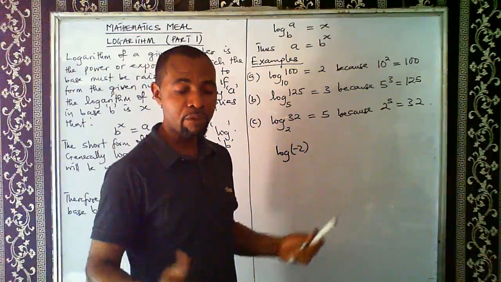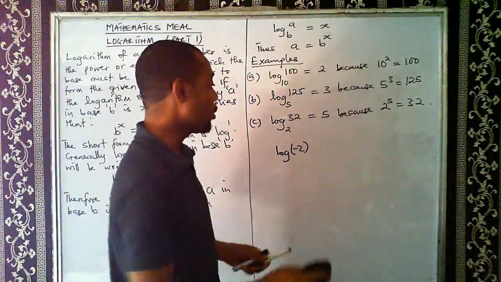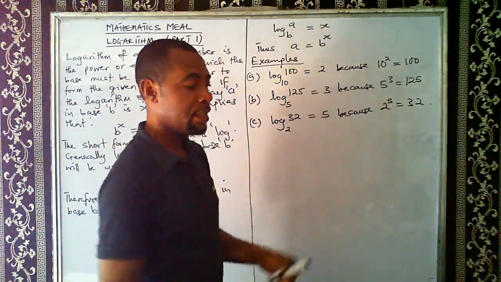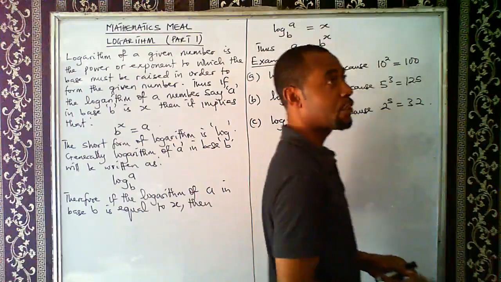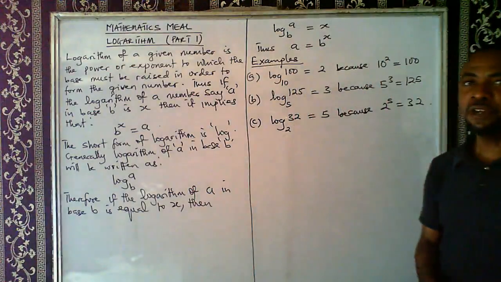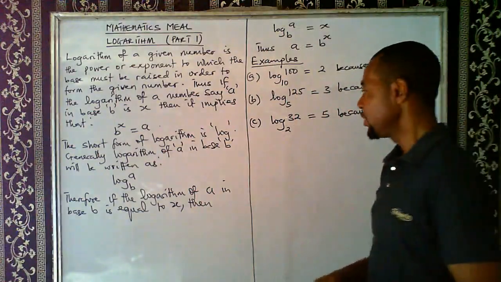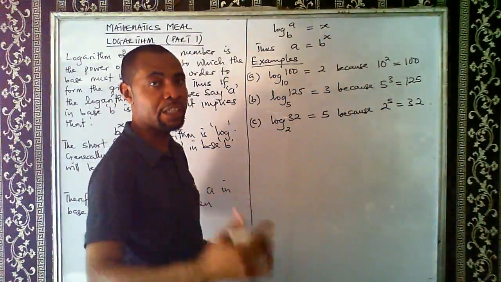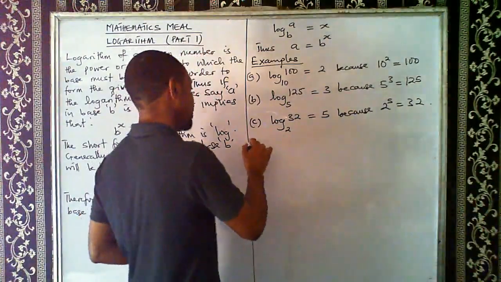So the logarithm of a negative number will not exist. A negative number cannot be a domain in logarithm of numbers when you do functions. So you can note it.